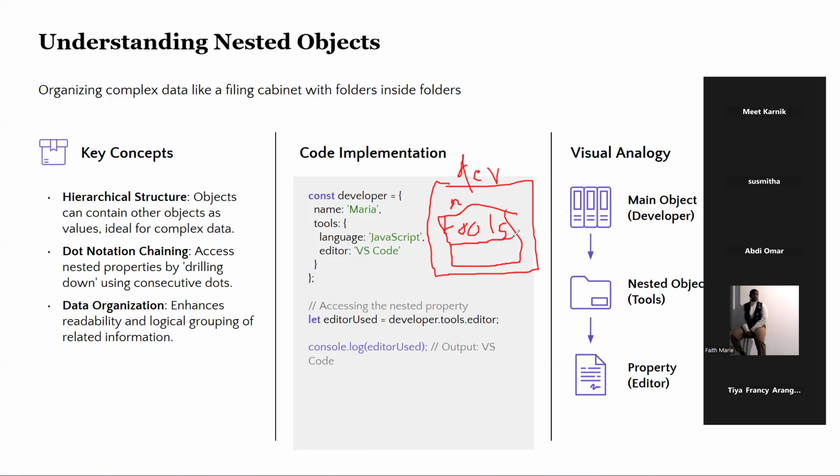Inside those tools, there is a language and an editor as well. If we want to access that property, we first go to dev, then inside dev we check tools, and then inside tools we check editor, if we want to know what kind of editor Maria uses.